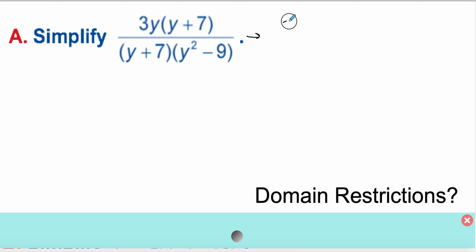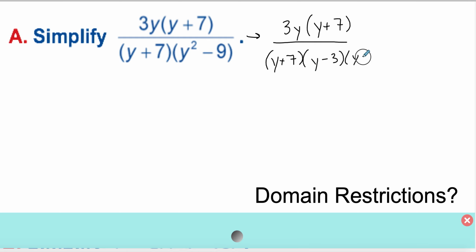So, the top, I can't do anything, so that just stays as is. The bottom, I can leave this one, and then this one right here is going to factor. So I have y minus 3, y plus 3. Now that didn't really help us cancel much out, but I'm going to show you why we did that. When we simplify it, we can see that that will cancel with that.